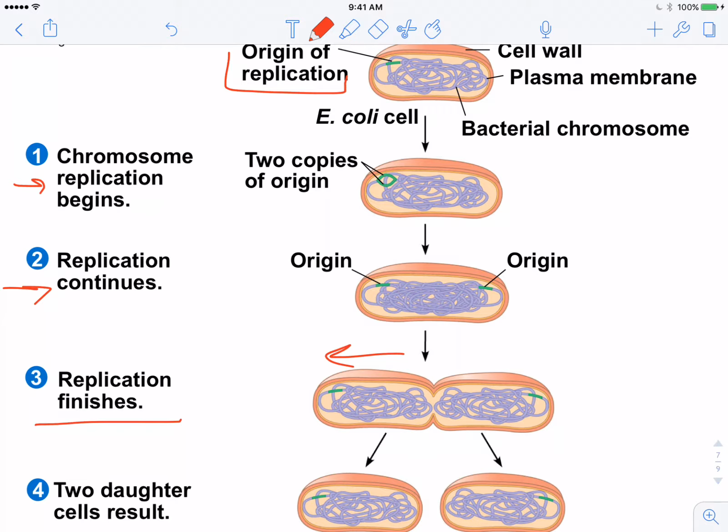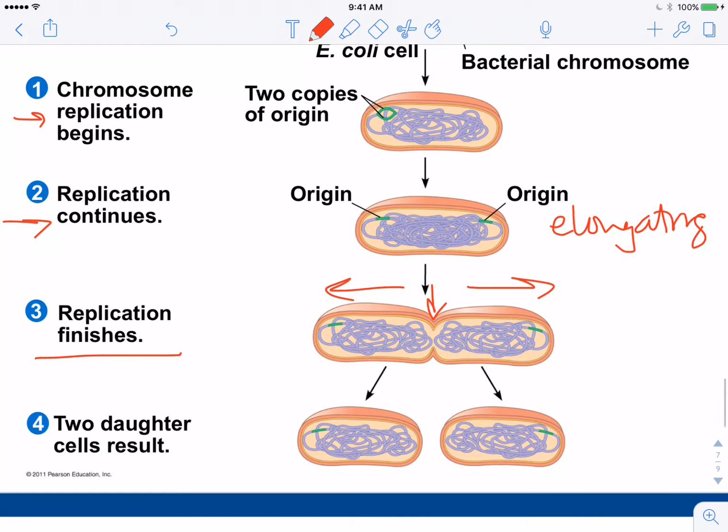They begin to move to opposite sides of the cell. Meanwhile, the cell is elongating. Once you have the chromosomes on either end of the cell, the cell begins to pinch inward and results in two daughter cells. And that's it, binary fission. It's pretty simple.